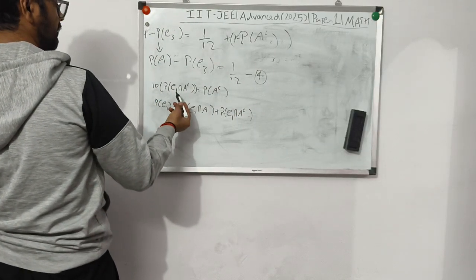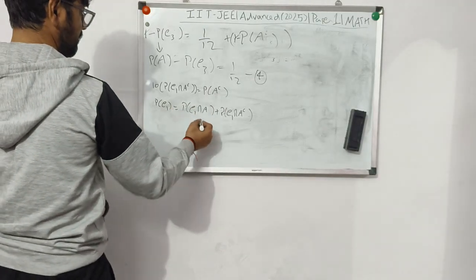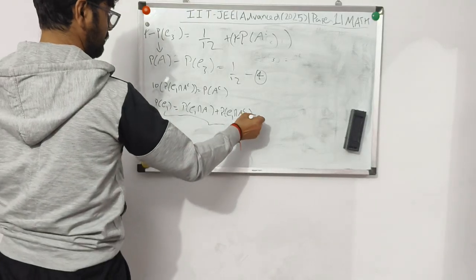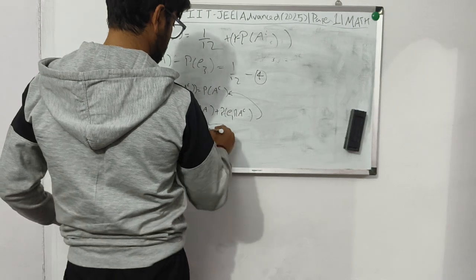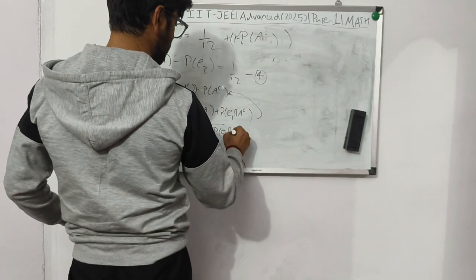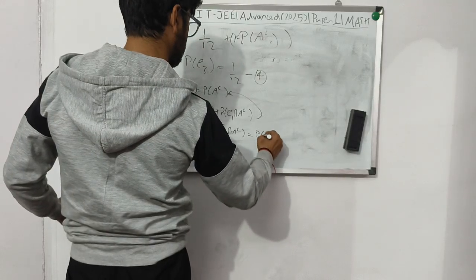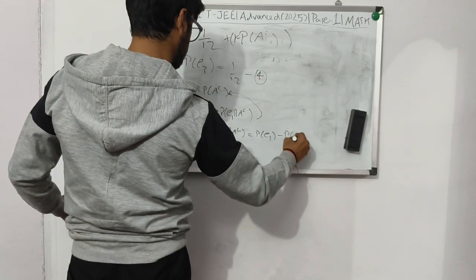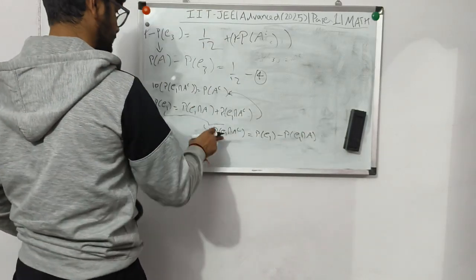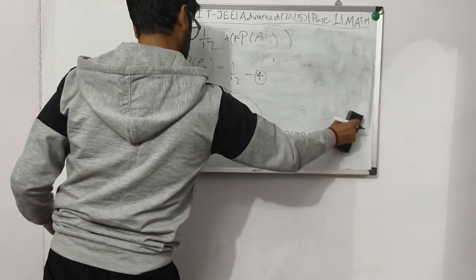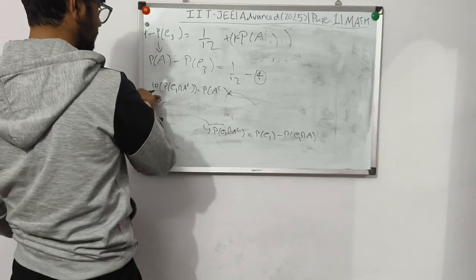We will substitute the value of P(E1 intersect A complement) from here to here. What this gives us: P(E1 intersect A complement) equals P(E1) minus P(E1 intersect A). Okay.